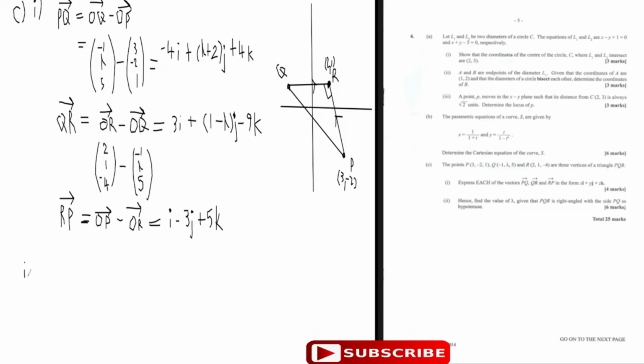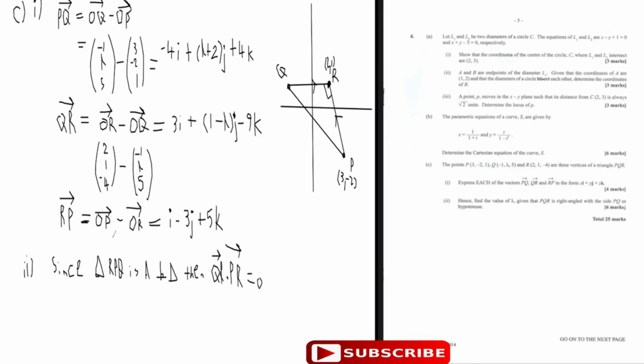Looking at the diagram, since triangle RPQ is a right angle triangle, what that is telling us is that the dot product between QR and PR must be equal to 0. So we're going to use that dot product to solve for lambda.